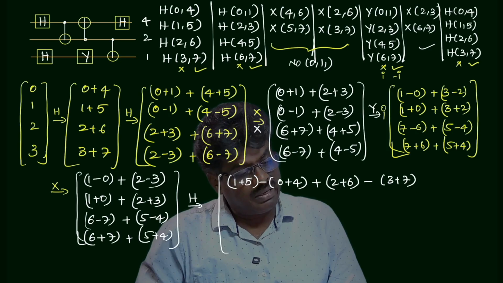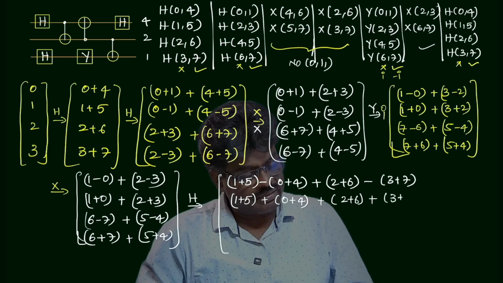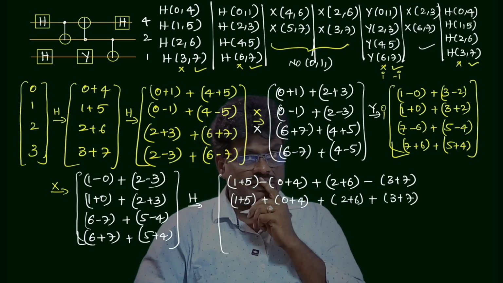This is 1 again, that is 1 plus 5, so plus 0 plus 4 plus 2 plus 6 plus, earlier minus is there but here now plus is there, like this.